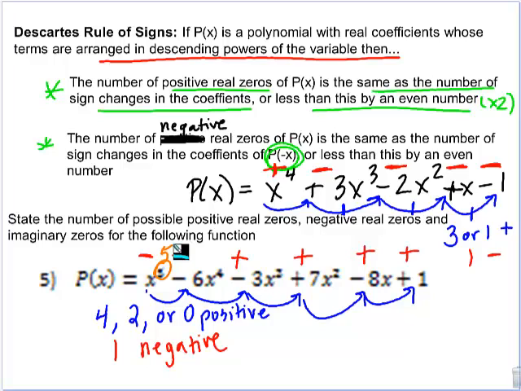So, we definitely have 1 negative answer here. We could have 4, 2, or 0 positive answers. That means depending on the combination, we might end up getting some imaginary numbers. Right? So if we have 4 positive answers and 1 negative answer, how many total answers did we get? 5. So would we have any imaginary then? No. So that would be a 0 for the imaginary.